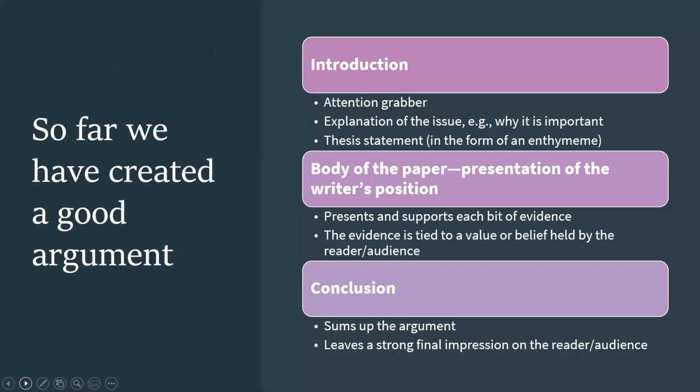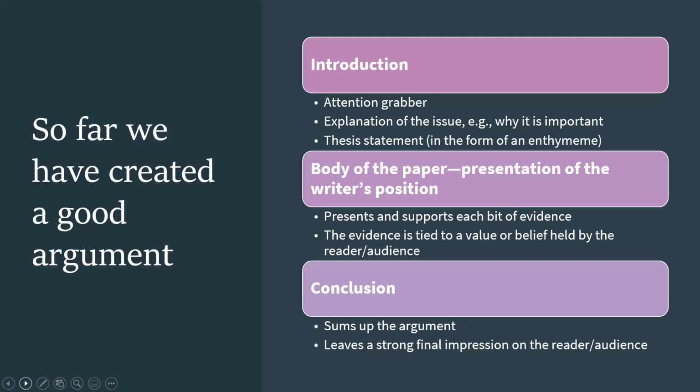So far, we've created a good argument. We have an introduction that has an attention grabber, explanation of the issue, why it's important, and the thesis statement in the form of an enthymeme. The body of the paper is going to be the presentation of the writer's position. It's going to present and support each bit of evidence, and then the evidence is going to be tied to the value or belief held by the reader audience.